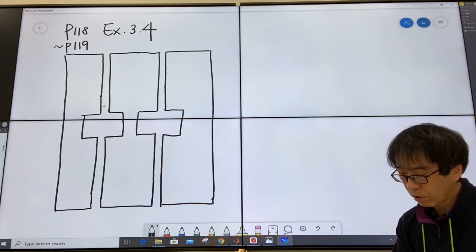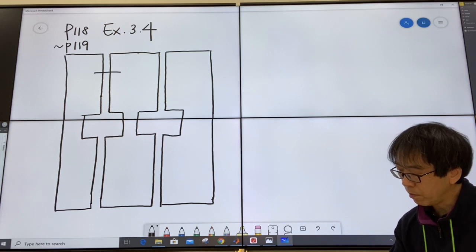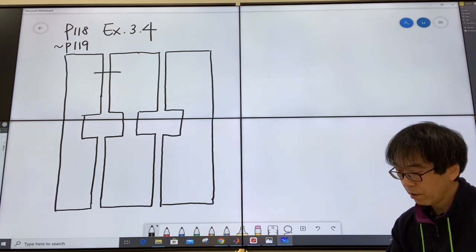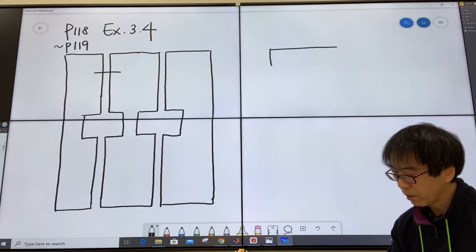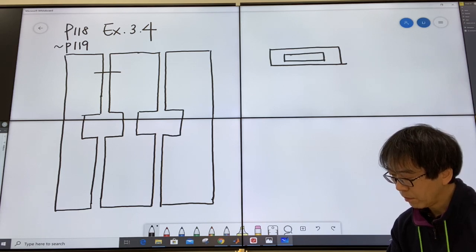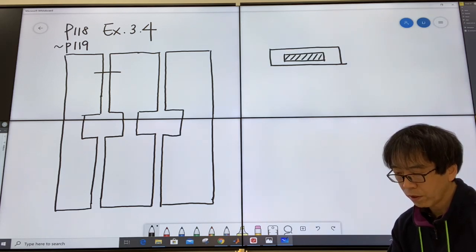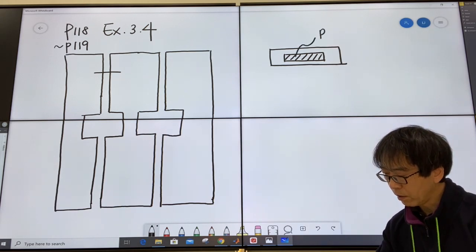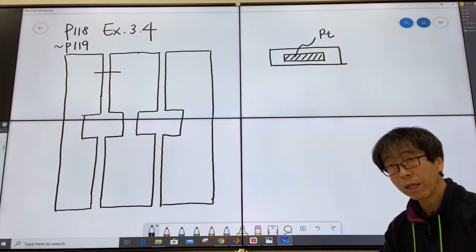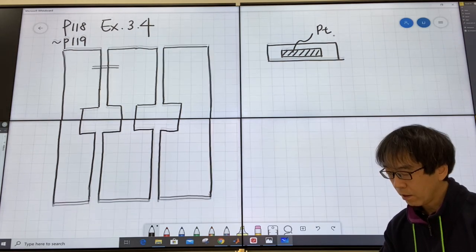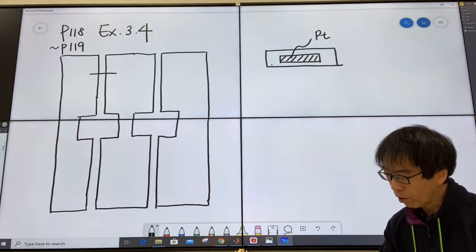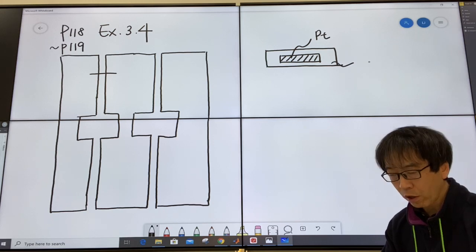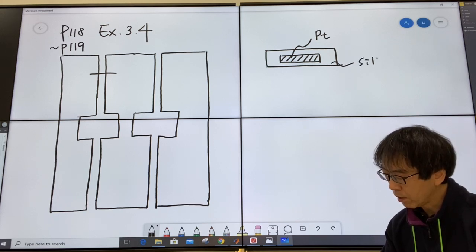So if you take a look at the cross section of this beam or the bar, it will consist of silicon nitride and platinum. So this part, the core part, is really the platinum structure. Platinum, you know, the metal, right? And this shell or the exterior part is silicon nitride.